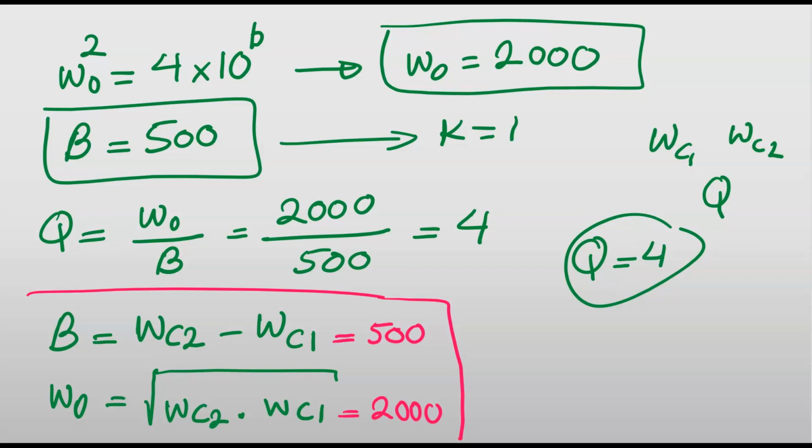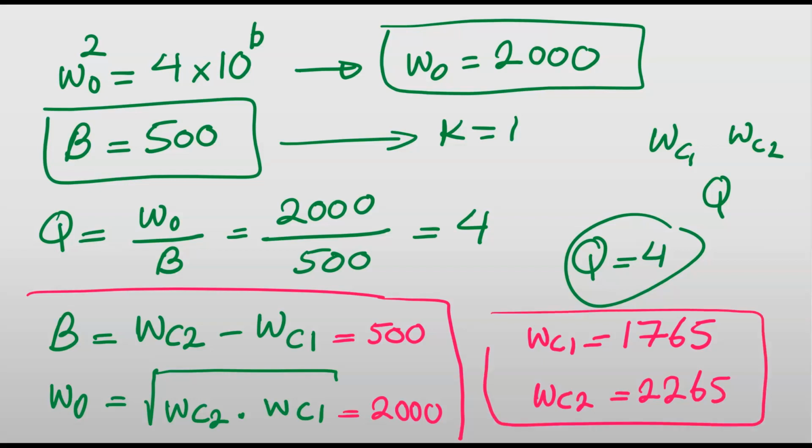If I solve these equations, I get omega C1 equal to 1,765. And then by adding 500 to this number, I get omega C2, which is 2,265. So these are the last two parameters that I need to know about this particular filter.